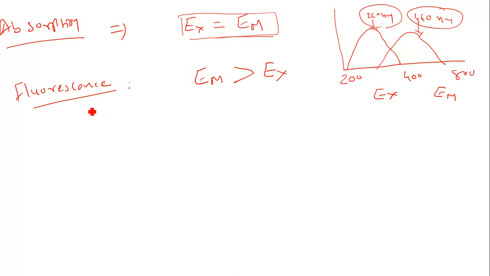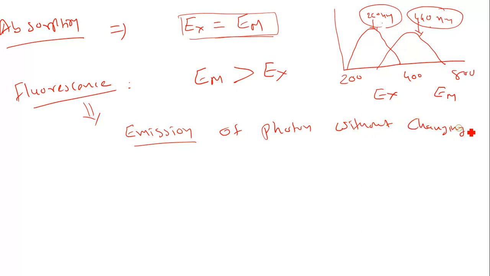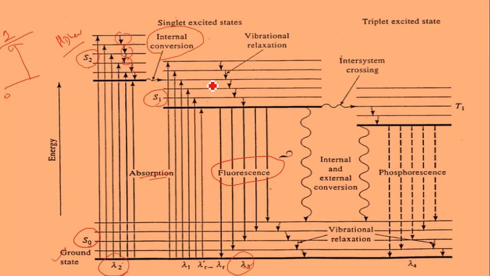Now what is the definition of fluorescence? Generally, fluorescence can be defined as emission of photon without changing its multiplicity. That is the emission of photon from its excited state to the ground state without changing the multiplicity.